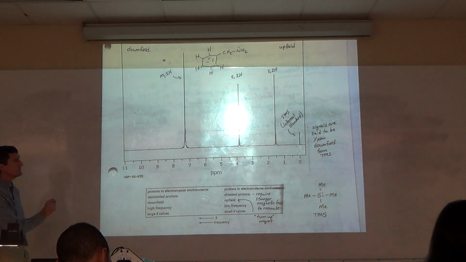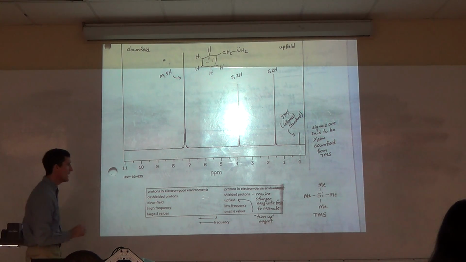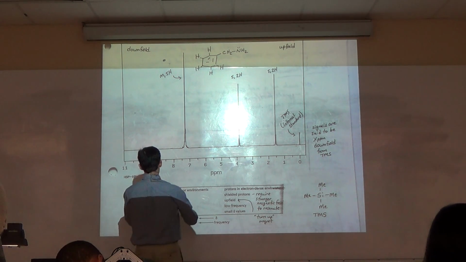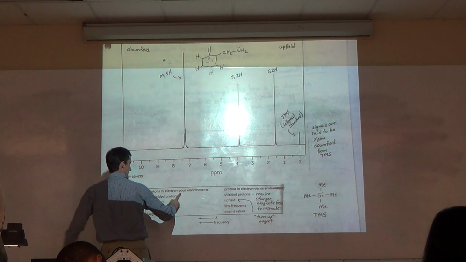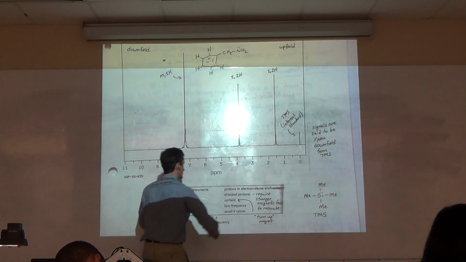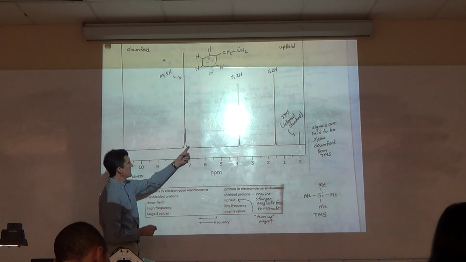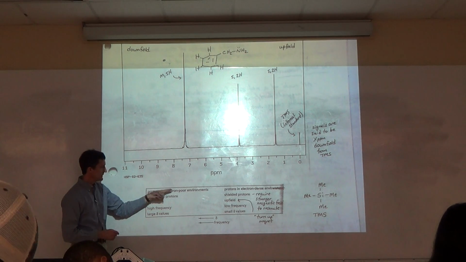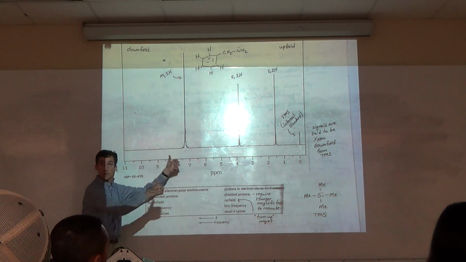Well, this is dependent on a magnetic field, which we haven't even discussed yet. Okay, terminology here. We're going to say these are protons in electron poor environments, and over here it's electron rich or dense. These H's that are giving this signal are in a more electron poor environment, because they're more this way.